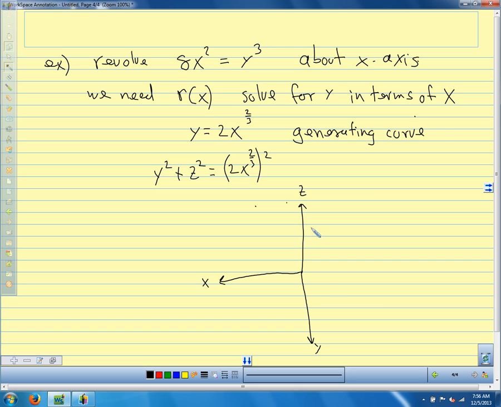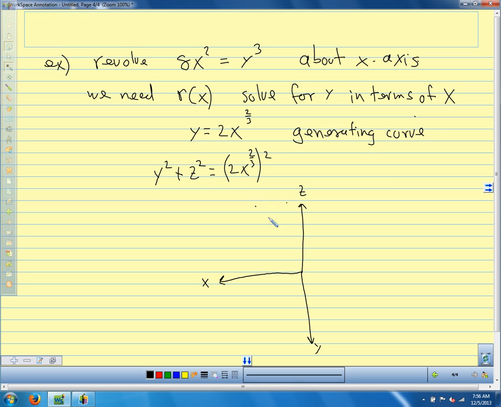So in the xy plane, what kind of curve is 2x to the 2/3? What does that look like? Kind of like a square root or a sideways parabola.